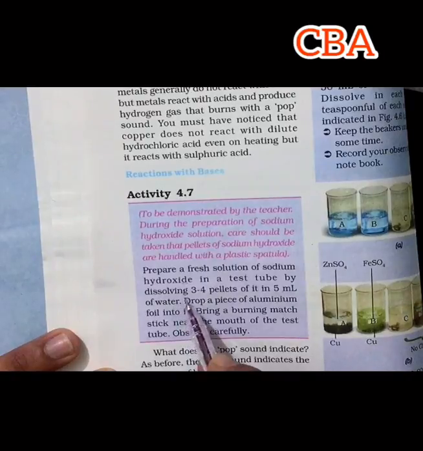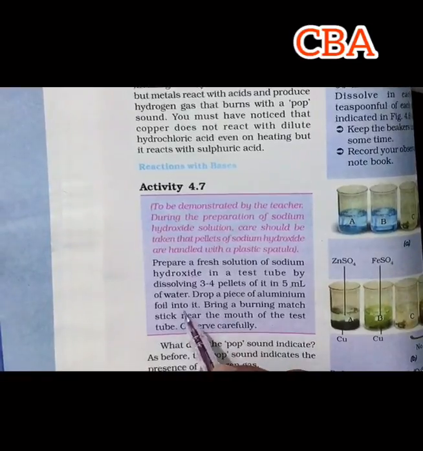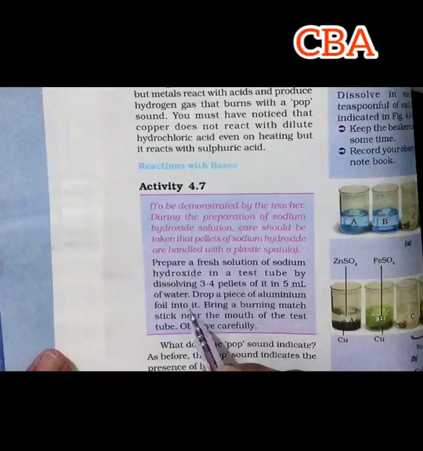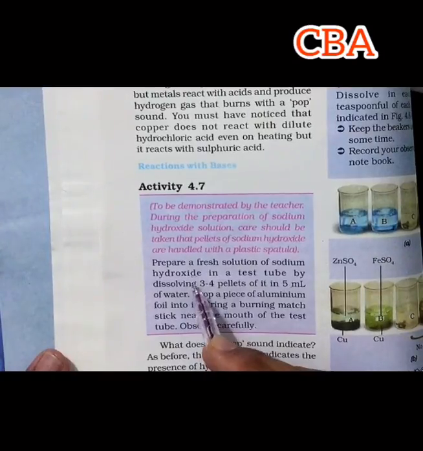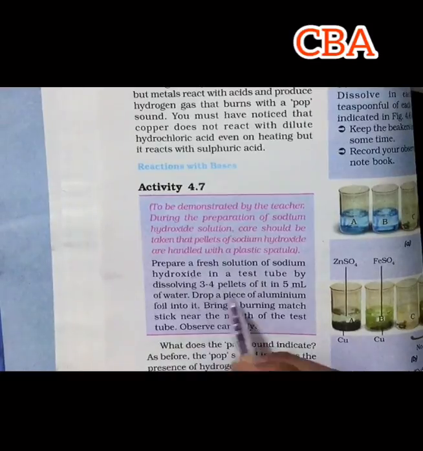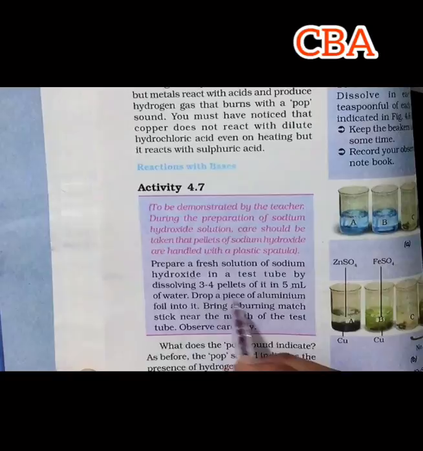So we'll get a fresh solution of sodium hydroxide. Now in this solution, we'll drop a piece of aluminium into it. We will simply take aluminium foil which we have at our home also. So we'll take it and dissolve it in the sodium hydroxide solution. After some time, we'll see that there will be formation of what?